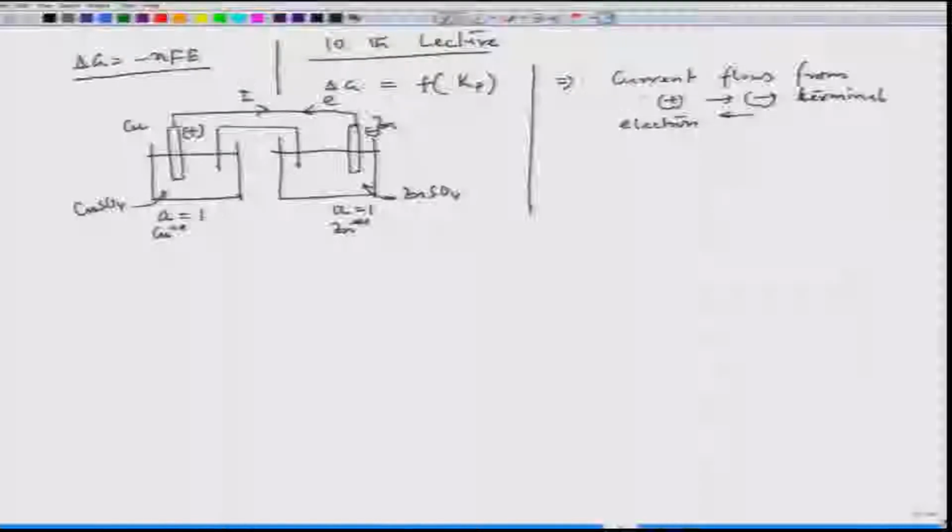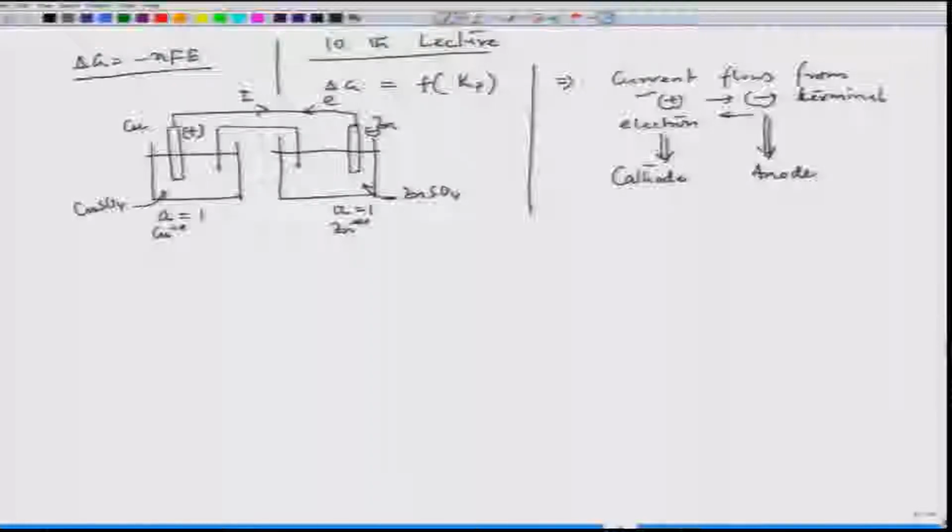But as per the convention, the positive terminal is the side from where the current flows to the negative terminal in that external circuit or conductor. Now, would it mean that this side is cathode and this side is anode? So, would that mean that the cathode would always be positive and anode would always be negative?